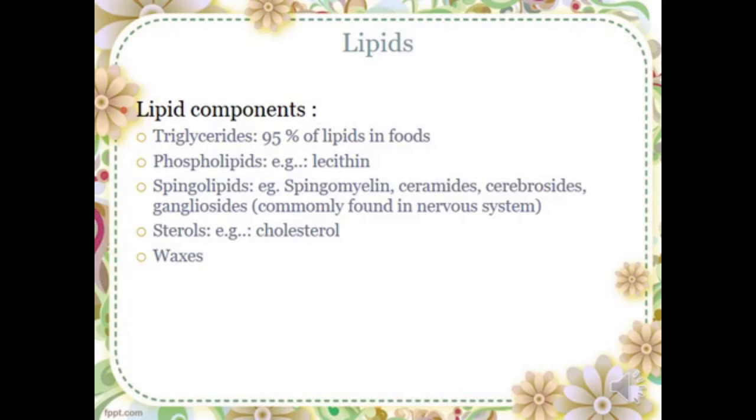Third is sphingolipids, for example sphingomyelin, ceramide, cerebrosides, and gangliosides, which are commonly found in the nervous system. Next is sterol, for example cholesterol, and last is waxes.